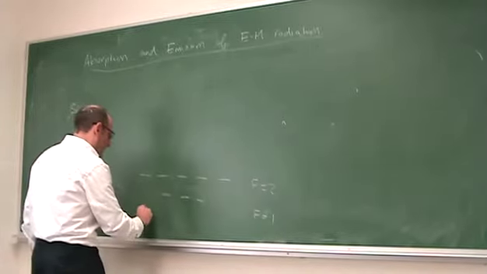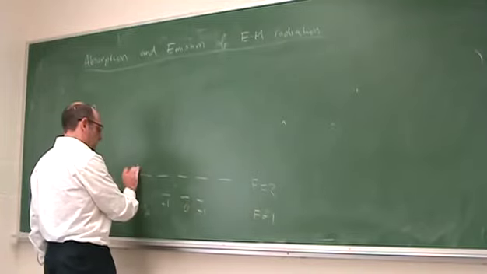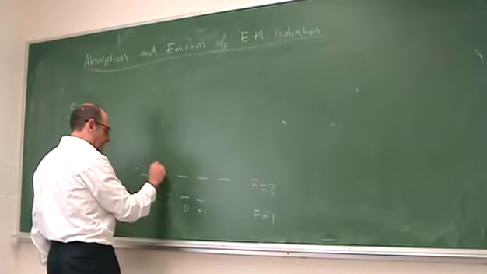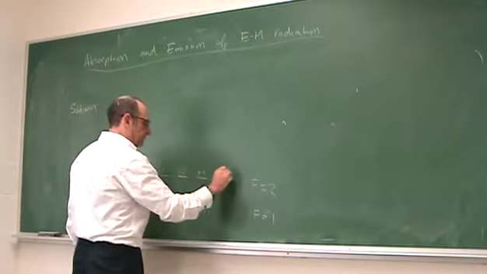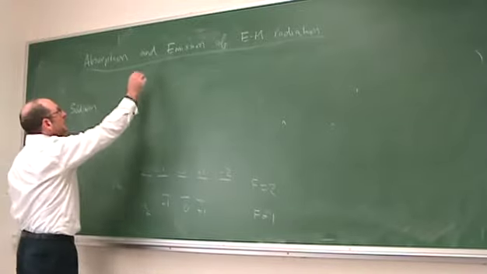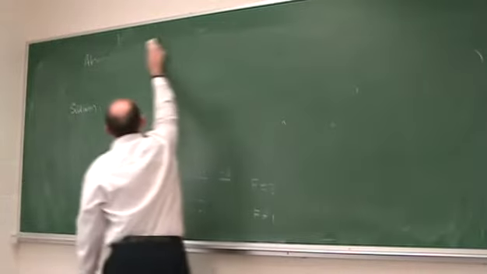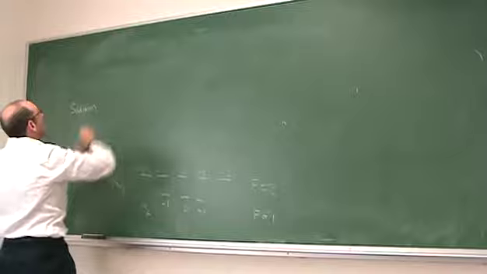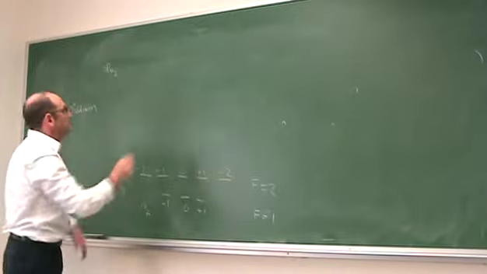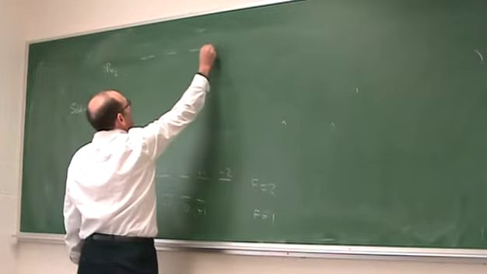These are my m sub f values. Similar structure for rubidium 87. Then we have some excited states up here. We have the 3p1/2, which has the same hyperfine structure, although less split.